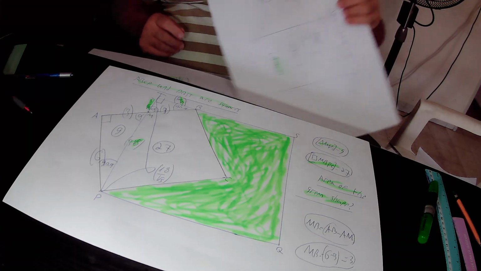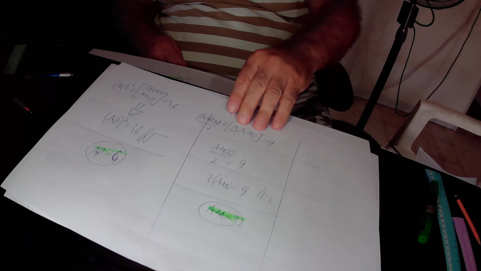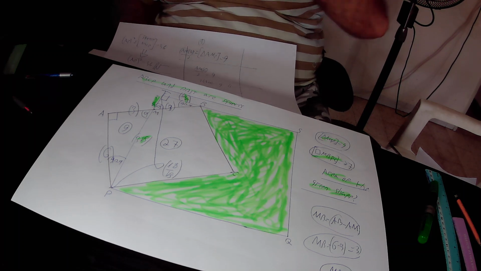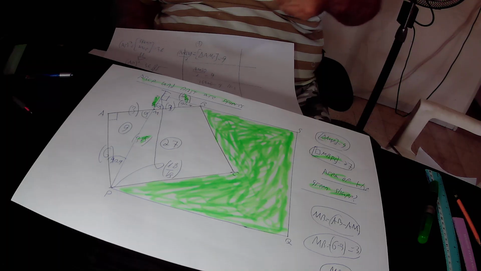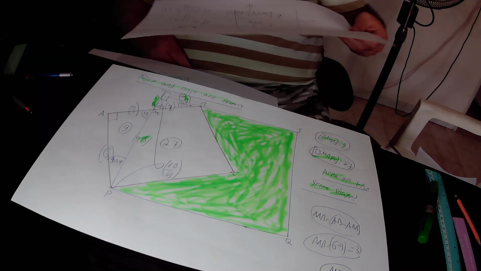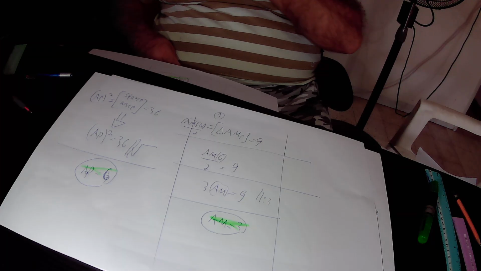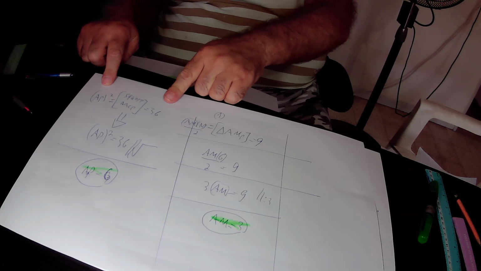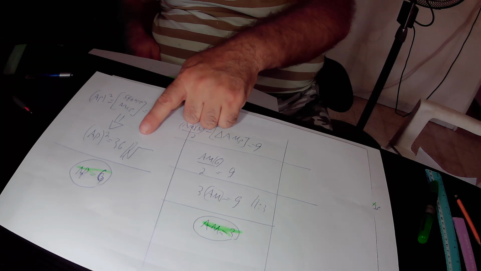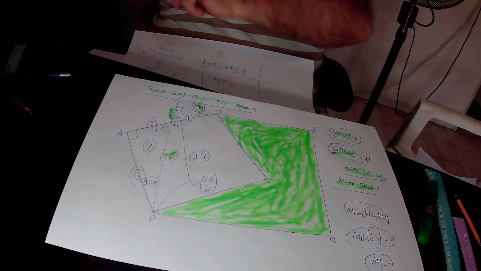From the other side, the area of any square equals the length of one side squared, and therefore the area of the small square ABCP equals AP squared. From this equation, we derive that AP squared equals 36. Here we take the root and we get that AP equals the square root of 36, that is 6. This is side AP, equal to 6 units in length.